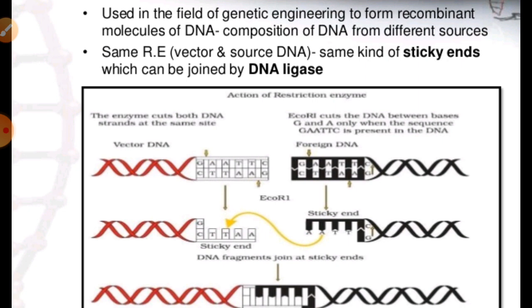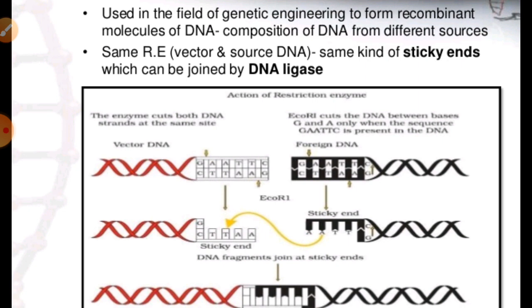But students, you must know one special thing. Suppose we are going to use this restriction enzyme for the formation of recombinant DNA. In that condition, you must know first of all how this restriction enzyme acts. Even if you know the mechanism of restriction enzymes, you must know one special thing about the vector DNA and the foreign DNA.